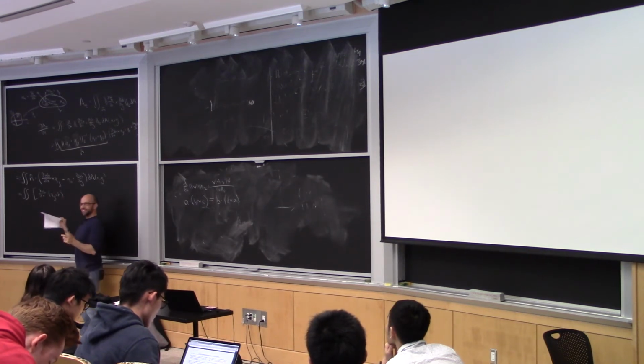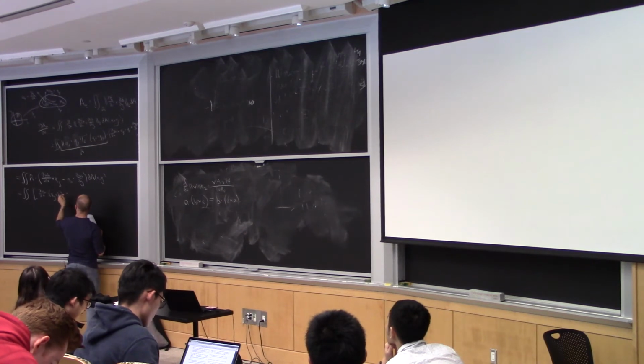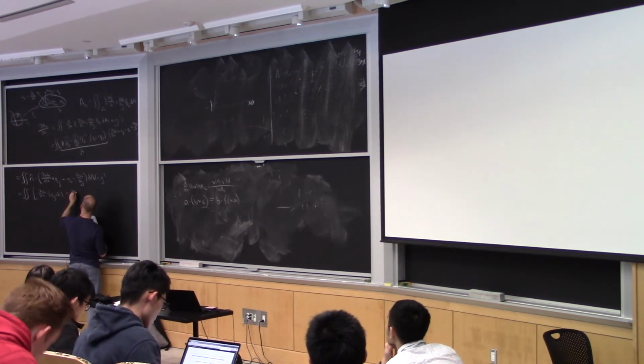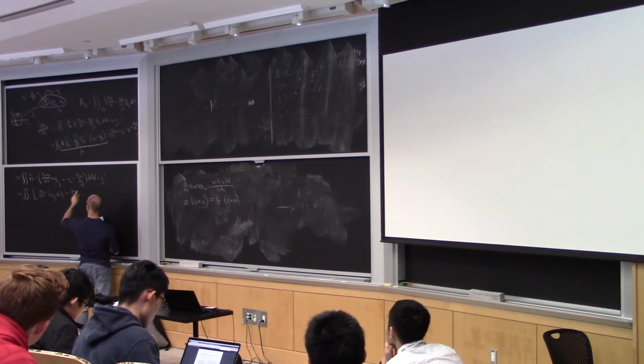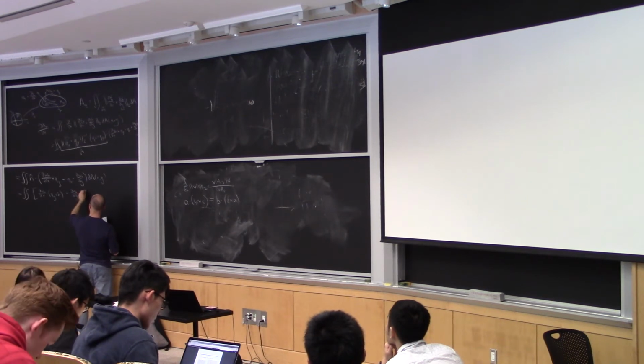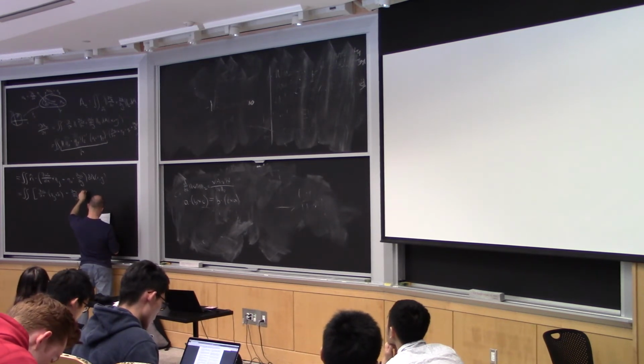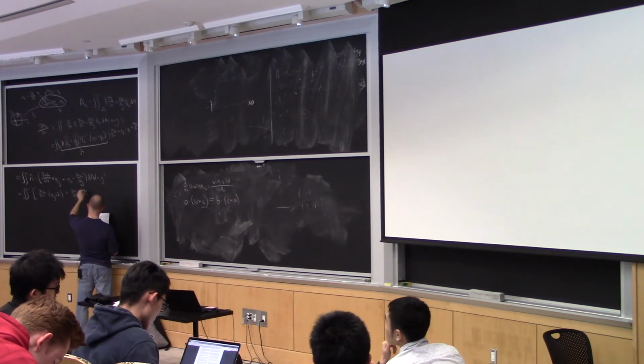I'm translating my notation live here, so you should catch me if I make a mistake. And similarly, here you get dw/dy dot product with n. Yeah, that's me. Okay.